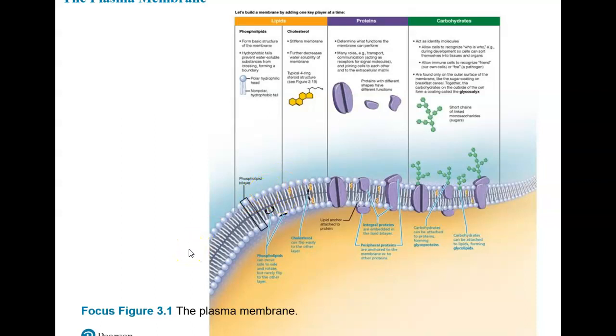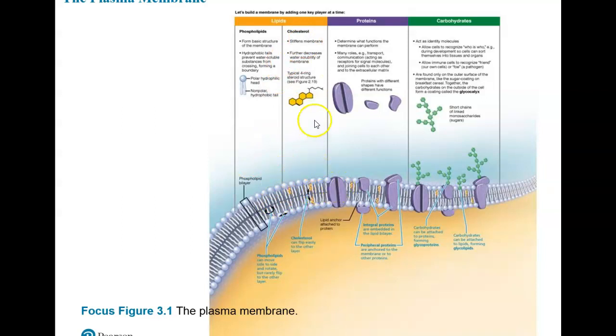That means one side likes to interact with water or fluid, and the other side dislikes interacting with water or fluid. So the tails are always facing each other, and the heads are always facing towards the fluid.